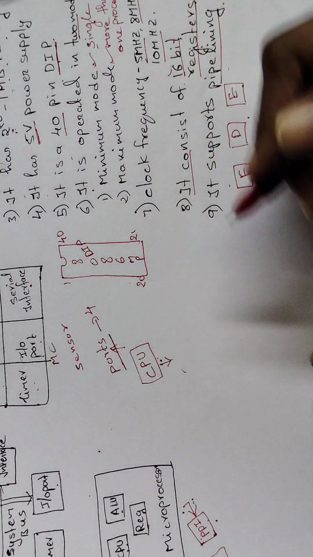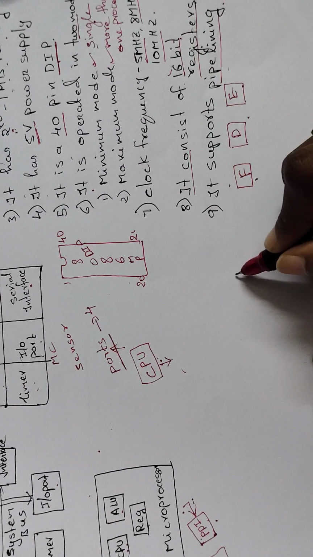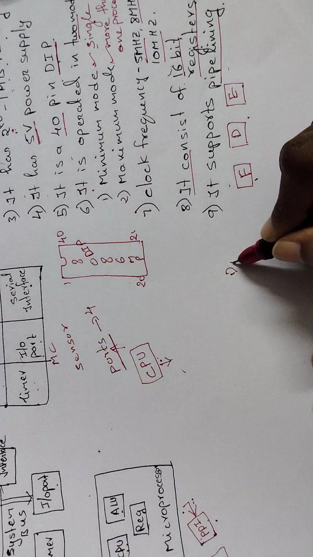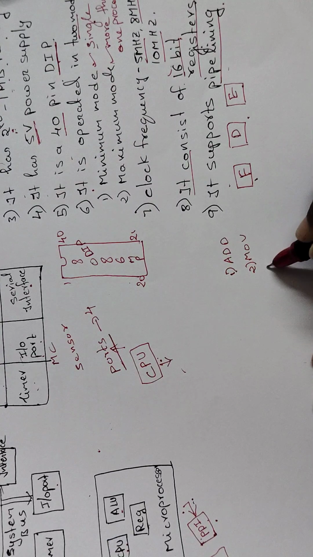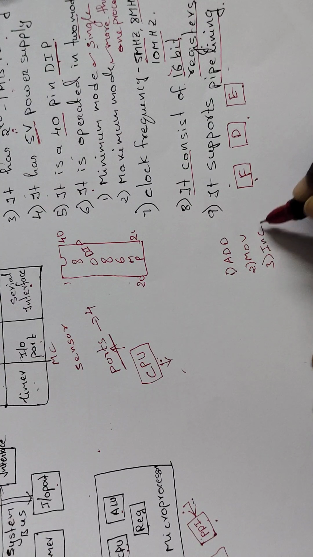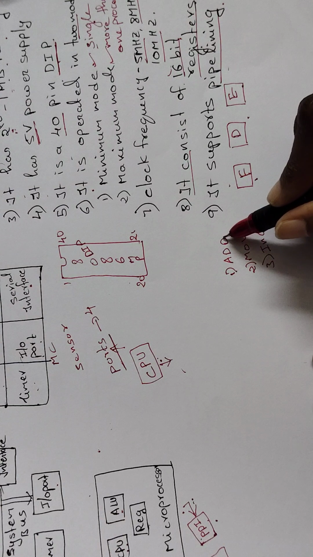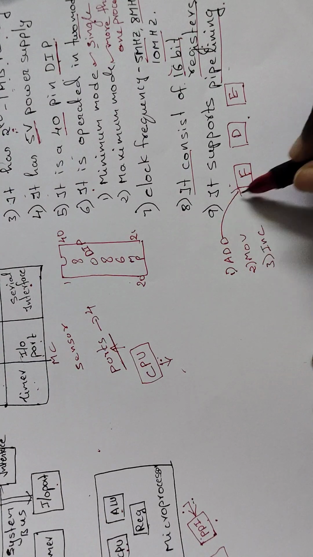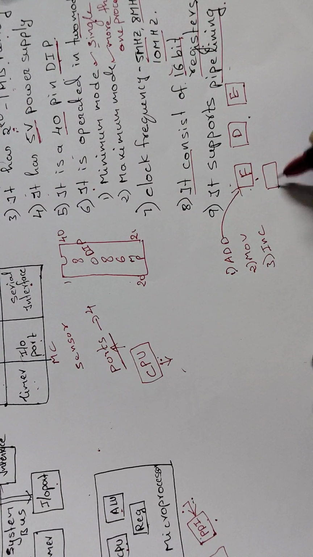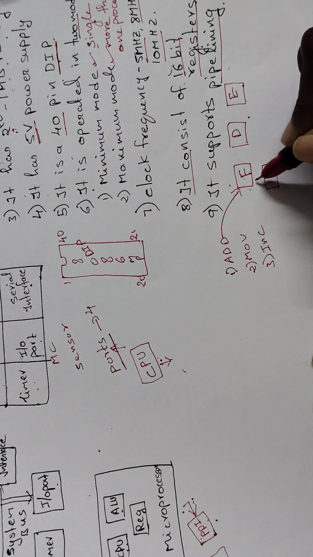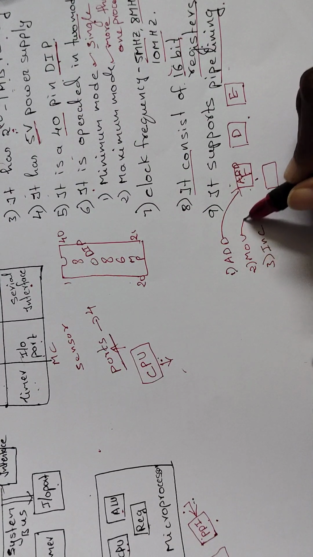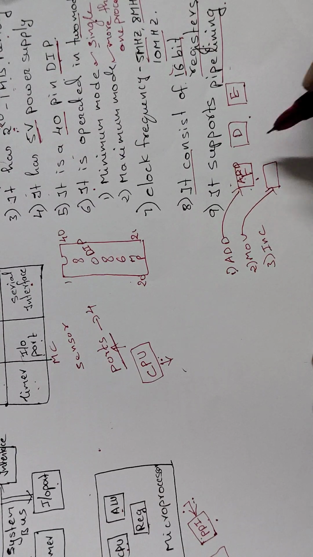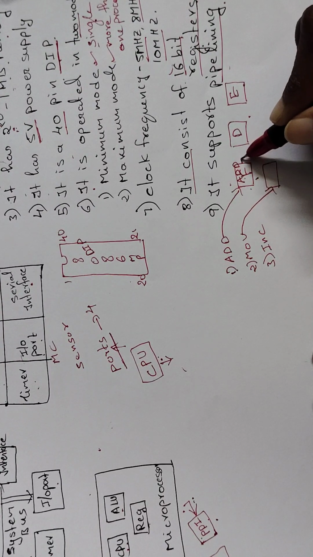For example, the 8086 has different instructions, and I am taking three: first is add, second is move, and third is inc. First, I have to fetch the add instruction.